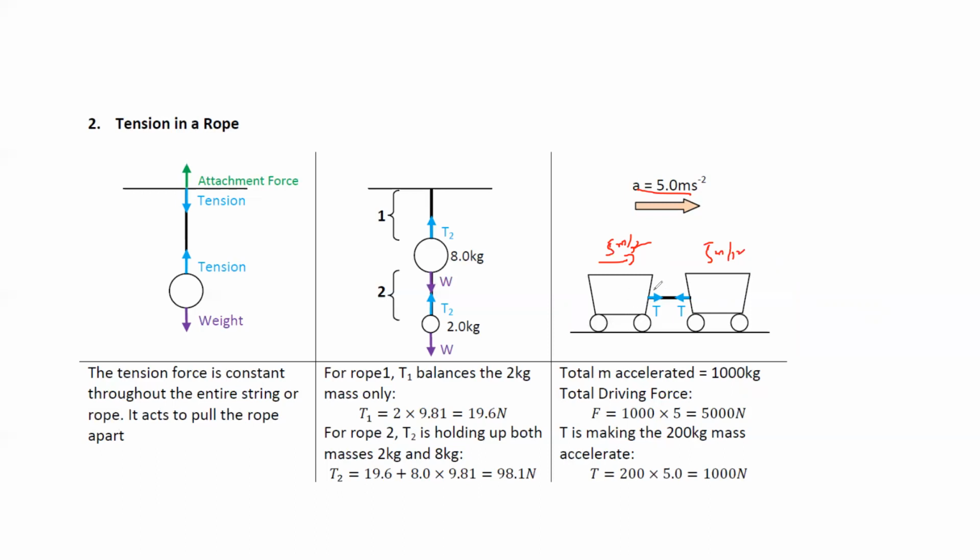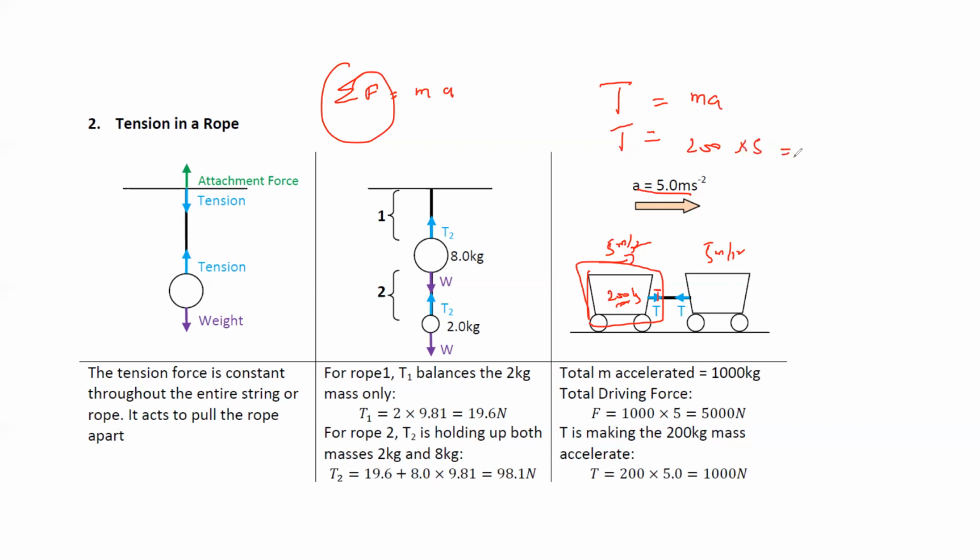Friction is not given. So if I consider object 1, which has a mass of 200 kg, the tension T is there, there is no friction, and because it is accelerating, the resulting force, as we know, whenever an object accelerates, is equal to ma. Here the resulting force is T, so T equals ma. T equals m, mass is 200 and acceleration is 5.